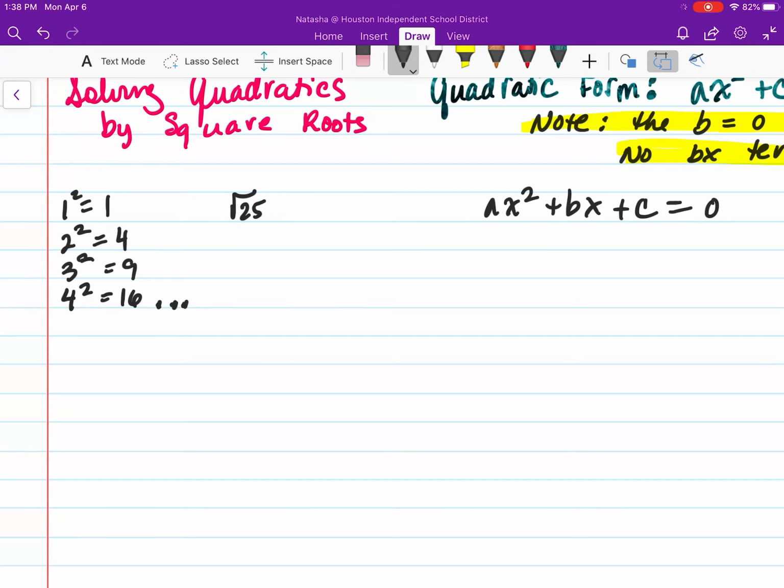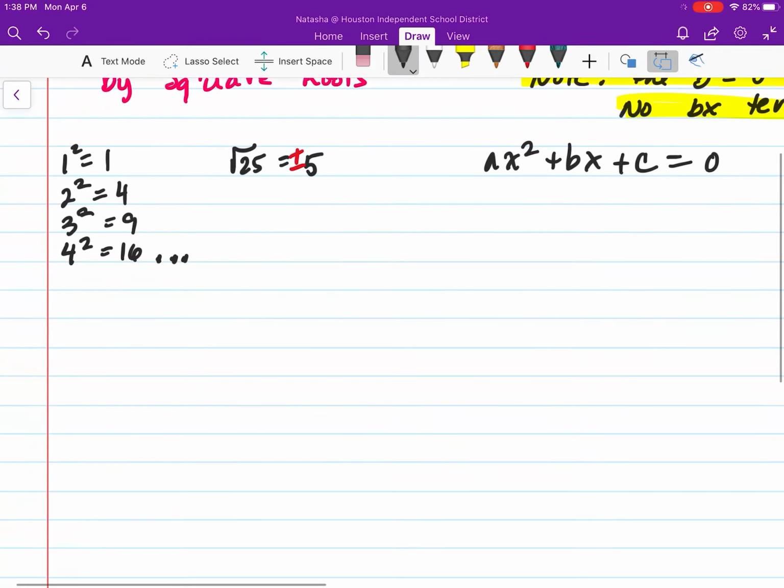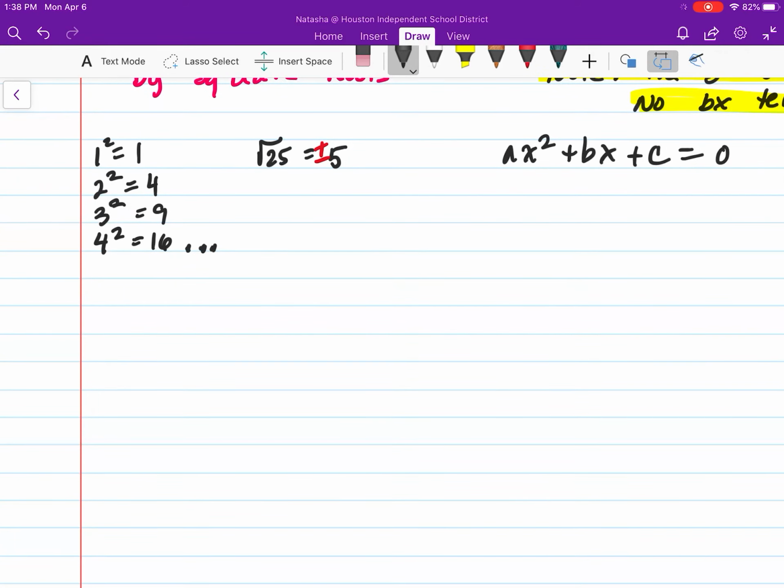Now, when you're taking the square root of a number, let's say I take the square root of 25, that's going to give me 5. Remember, whenever I take the square root of a number, we're taking the plus and the minus of that value. So this would actually be plus or minus 5. There's a reason I talk about this.